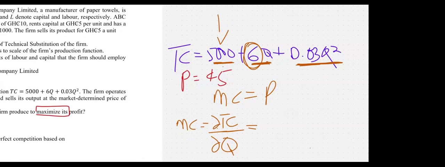So I write 6 here. Then I bring my plus sign. The next term, does it have a Q? Yes, it has a Q. So I'll differentiate it. You could see that for that term, because the exponent is higher than 1, they've written it there as 2, or squared. So you only write the exponents of the variables when the exponent numbers are more than 1 or less than 1.